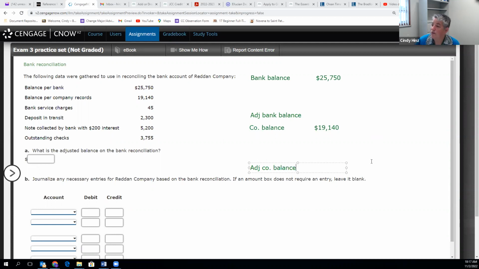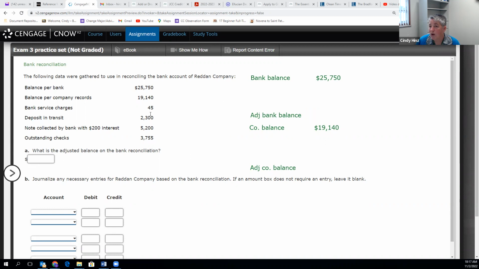And if we've done our job to have a successful bank reconciliation, those two numbers, the adjusted bank and adjusted company balance, need to be the same thing. And so letter A, what is the adjusted balance? It's going to be either or both of those numbers. They have to be the same.